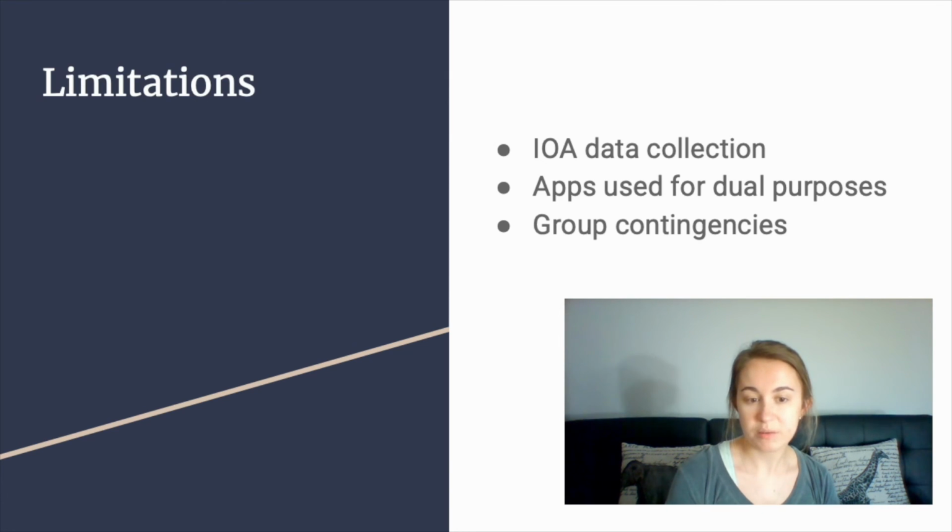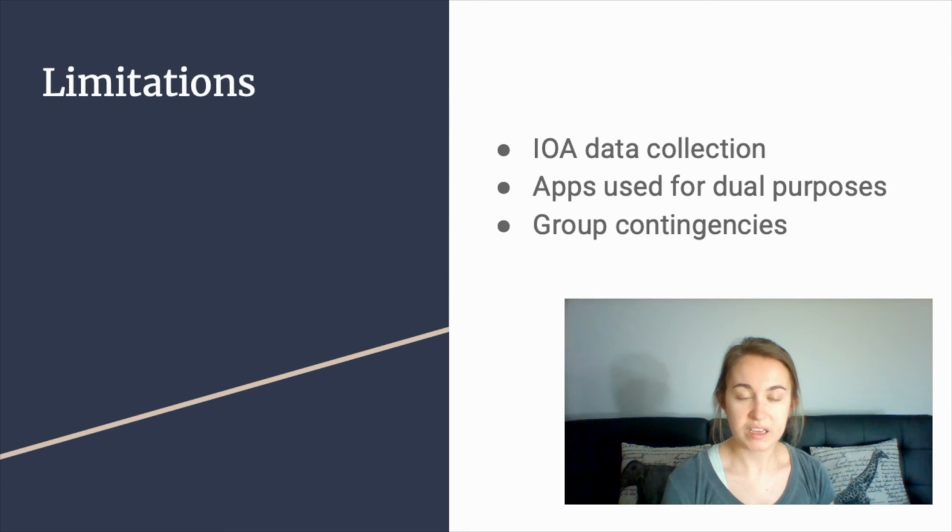Another limitation that we faced was in regards to the apps that we used for our study. We defined apps in our methods as being either work or school related, or recreational. One of the limitations was that there are apps that members of our group use that could be used for both, such as YouTube.